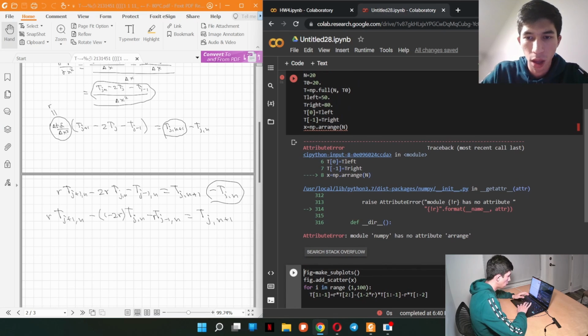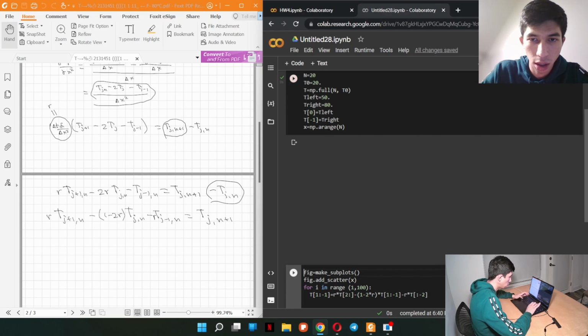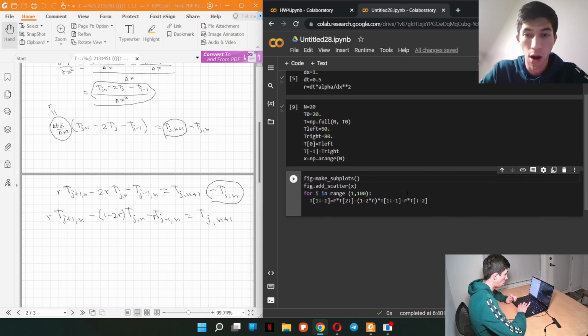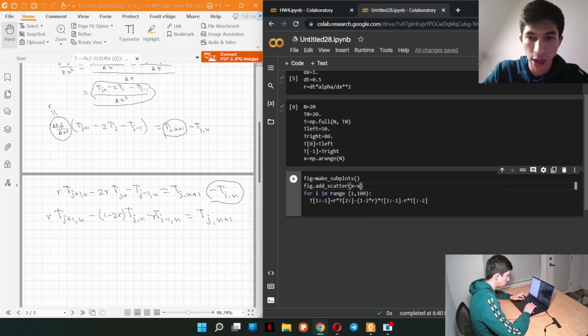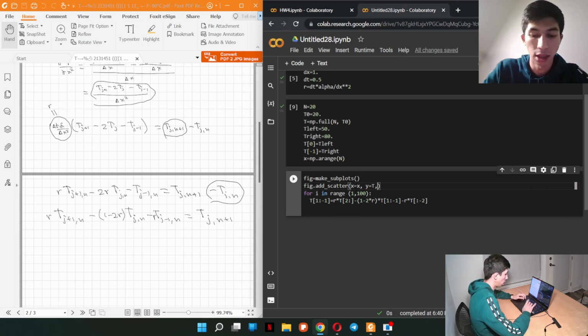Oops. NumPy has no attribute arrange. I think, yeah, that was a typo. I typed 2 R's where I should put only 1. That's going to be x, and y values are going to be our temperature, right?